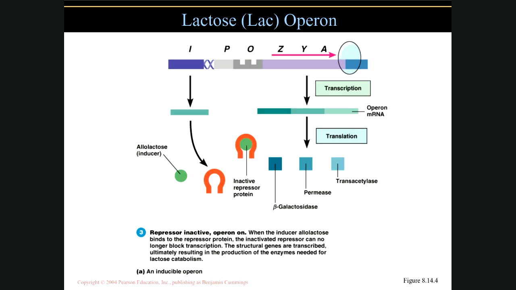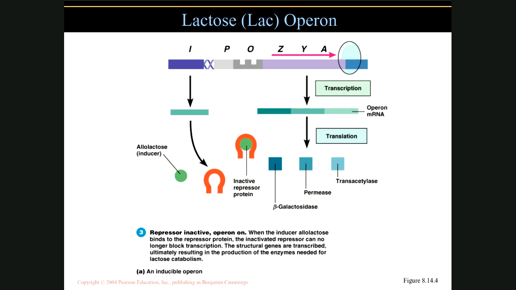Every now and then it comes off and then goes back on. But there's usually enough repressor protein to stay on the operator almost all the time. But if lactose is present and all the glucose is gone, lactose will bind to the repressor protein so it no longer binds to the operator. When RNA polymerase hops on the promoter, it's able to move past the operator sequence and start transcribing those genes.